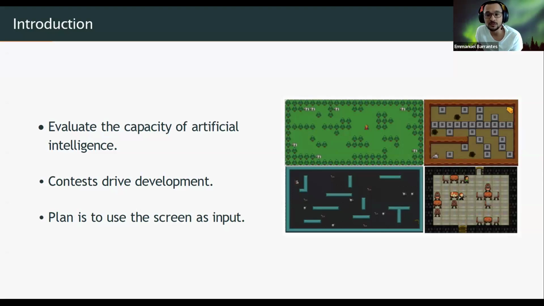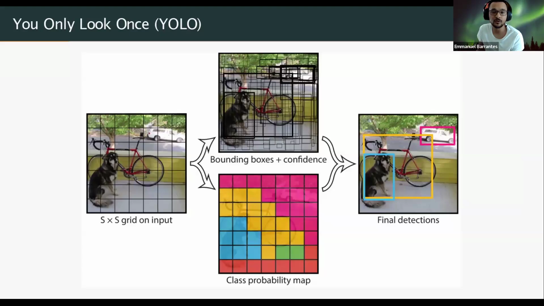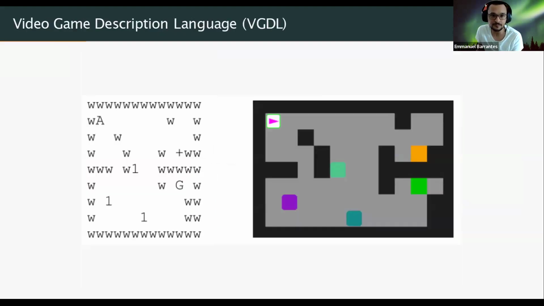The proposal involved using YOLO, or You Only Look Once. This is a revolutionary approach in object detection that uses a single convolutional network to predict bounding boxes and their class probability simultaneously. Unlike other methods, YOLO considers the entire image, optimizing both the training phase and the detection.